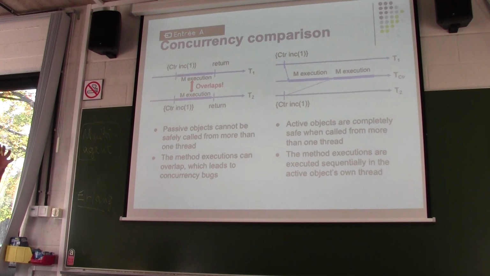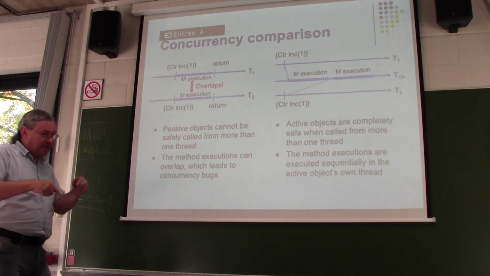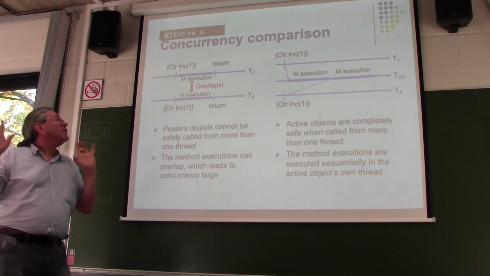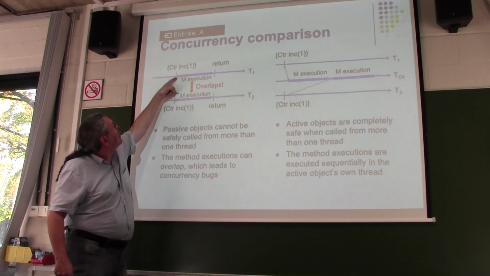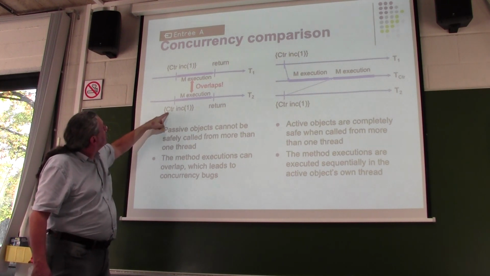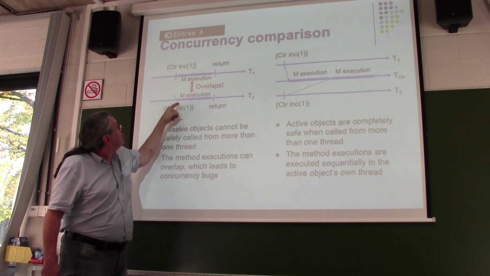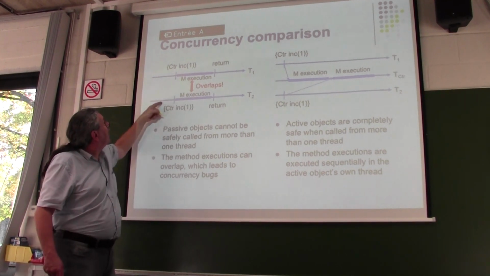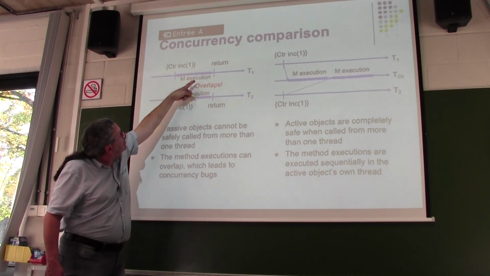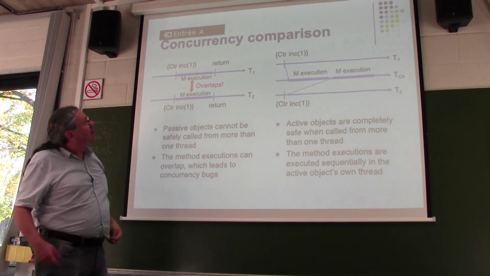If you have an object and you call it from more than one thread, you have to protect it. You have to use synchronized objects. But if you just call it like this, you're calling the counter from T1 and from T2, two threads. Well, if you call them at the same time, the execution is overlapping.